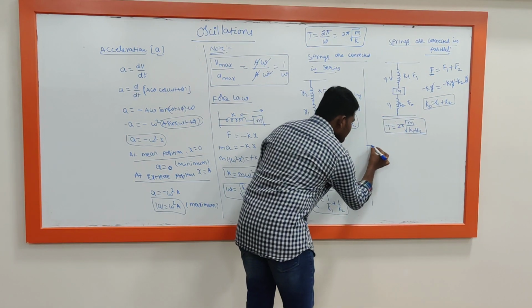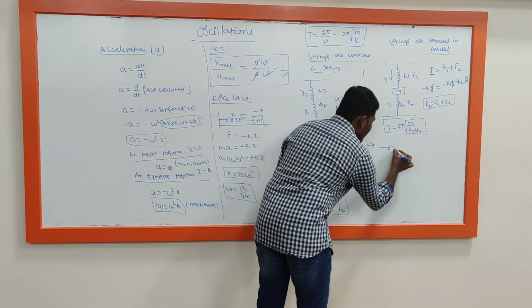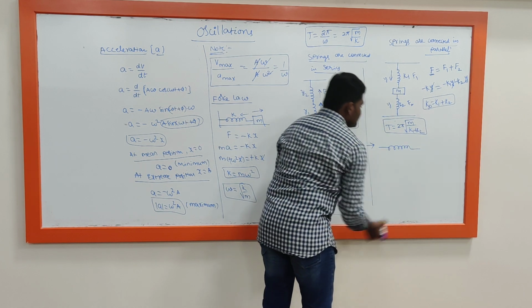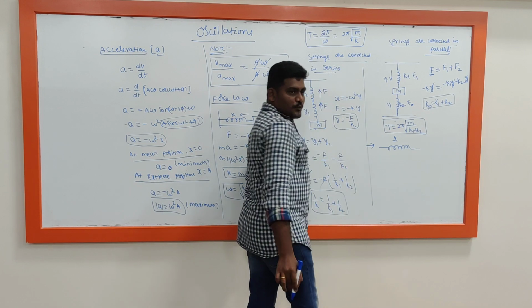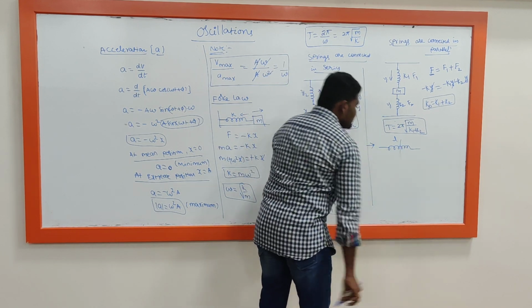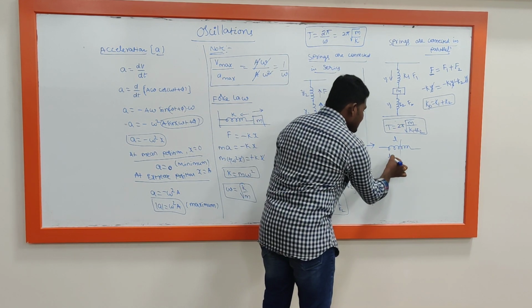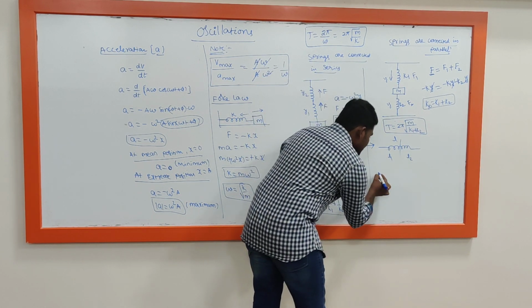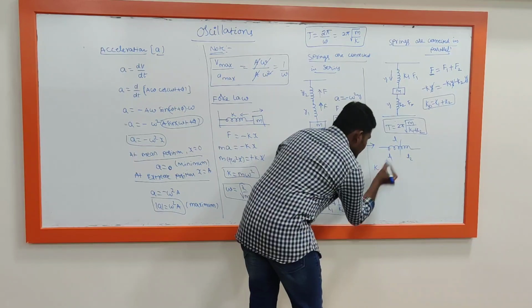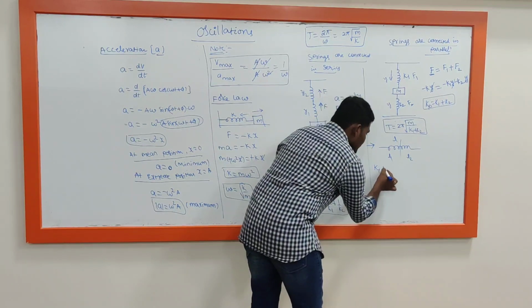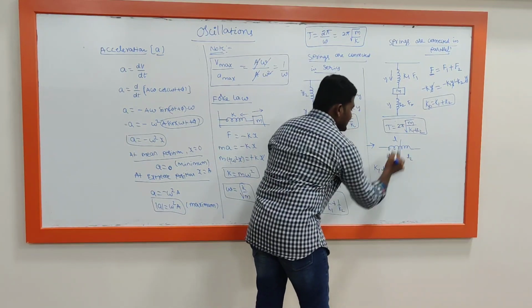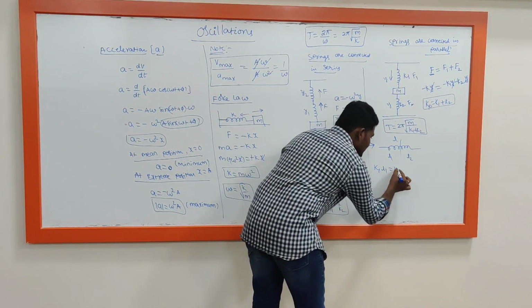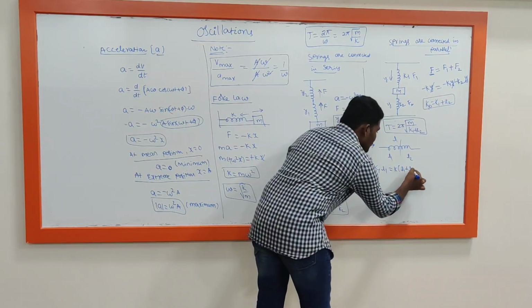If a spring of length L is cut into two parts, of length L1 and length L2, you can write K1 L1 is equal to the total length L times the total spring constant K. So you can write K into L1 plus L2.